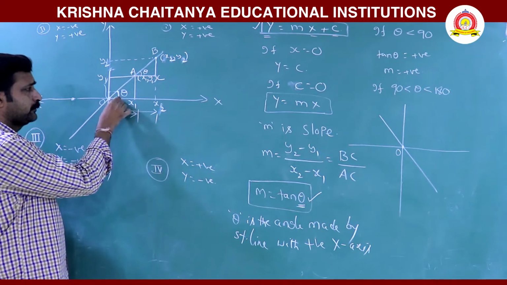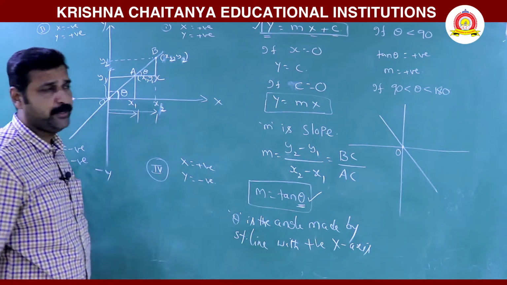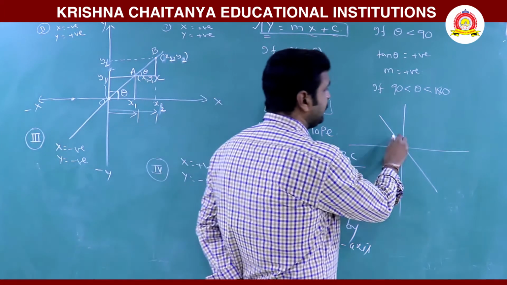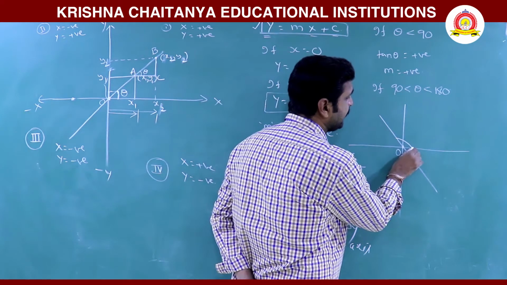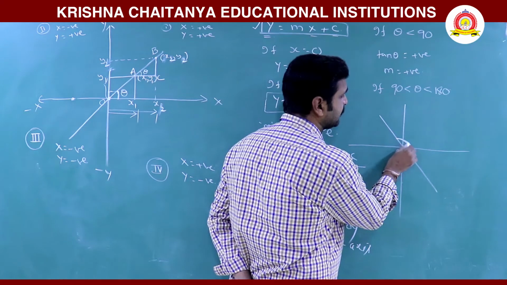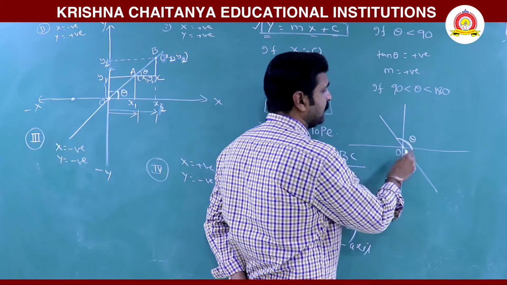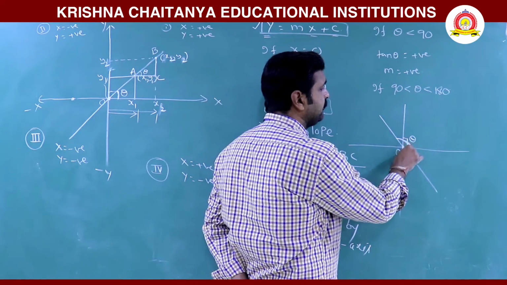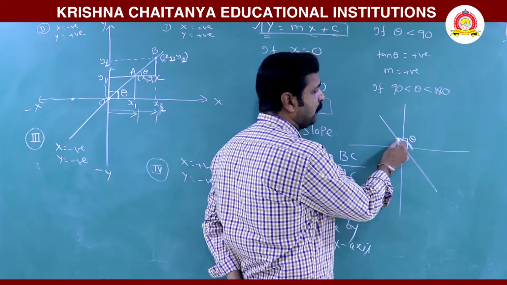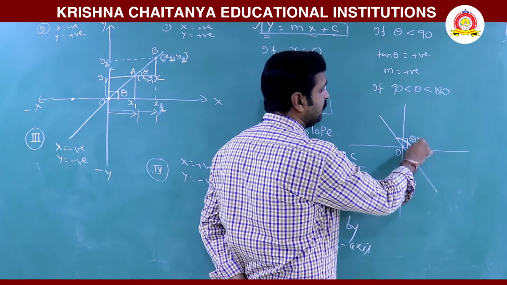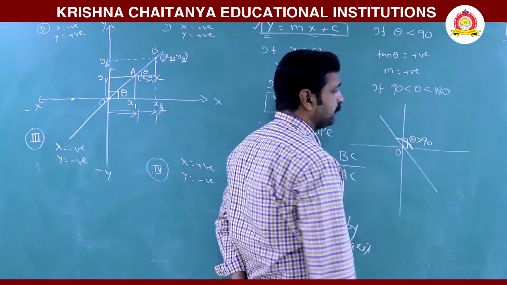Now here, this is the straight line, so the angle made with the positive x-axis is theta. Since up to here this is 90, this one is more than 90. So here theta is greater than 90.